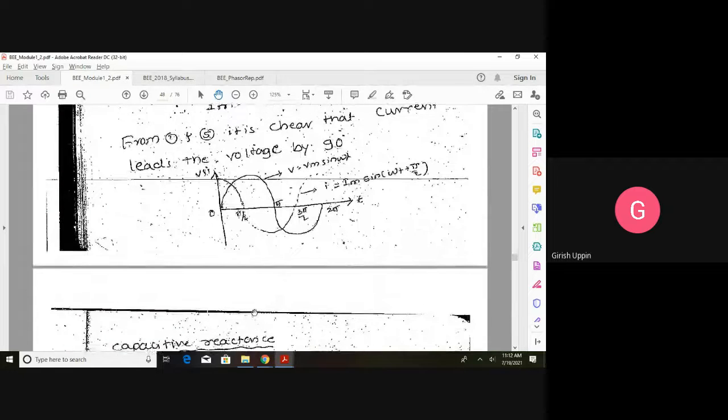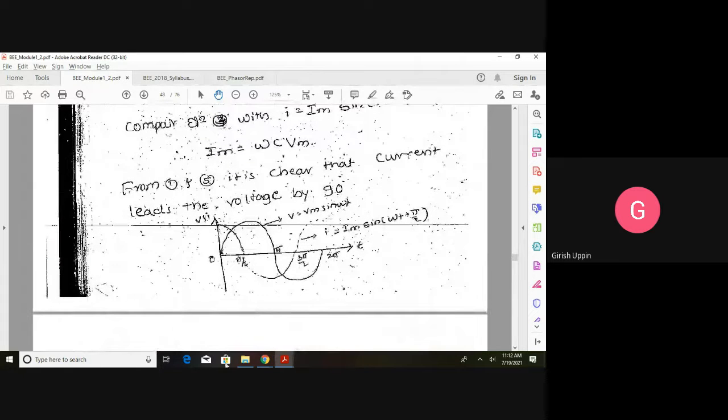Okay. And for the waveform, how do we draw it? Current and voltage; the voltage will start from 0. This is v = Vm sin ωt. Now the current is leading the voltage by 90 degrees. Which means the minute you connect the voltage source, the capacitor will discharge immediately, and you will see the maximum current.